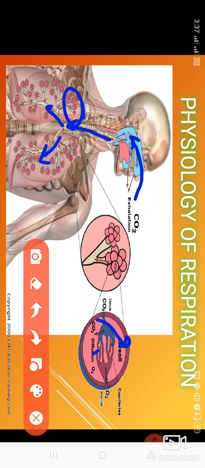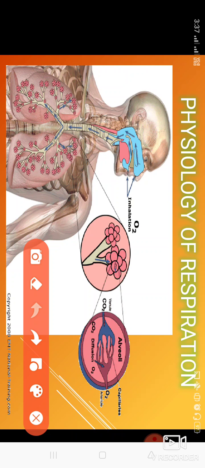Okay, so this is the gaseous exchange which occurs during the process of inhalation and exhalation. During the exhalation, the opposite process is going on. The alveoli blood vessels are bringing carbon dioxide, because it will move to the alveoli, and from the alveoli it will move to the bronchioles.